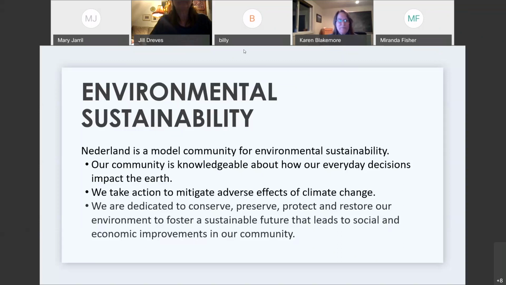Just going back to that word sustainability and tying into the idea of education, I would suggest the word awareness instead of sustainability in the first sentence. So, environmental awareness. And then sustainable future, we could think about that, because I think the problem, Karen, you say we live in a small town, and we do.